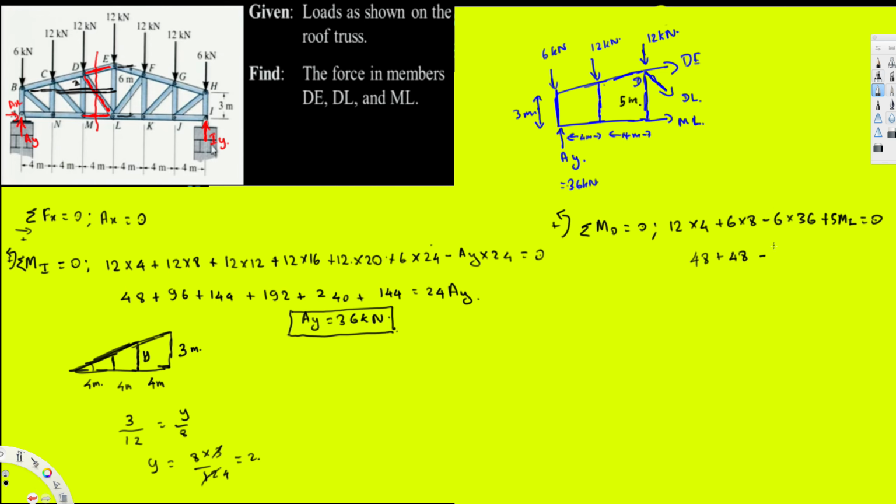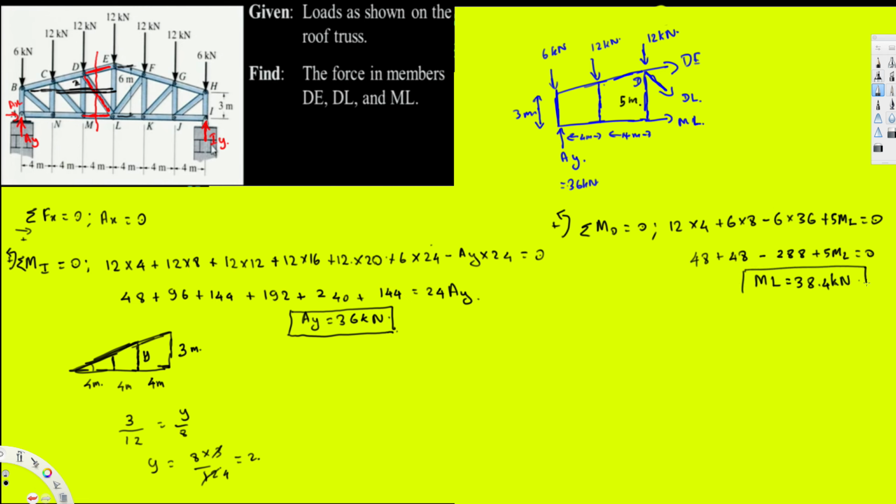Let's see, negative 36 times 6 is 288, plus 5 ML equals 0. If you solve for ML, you will get 38.4 kilonewton. So this is the answer for ML.